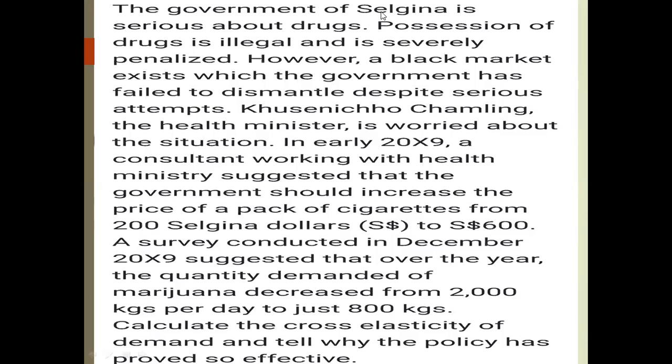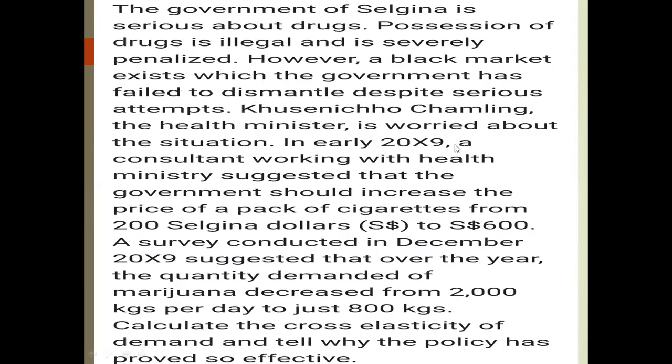The government of Selgina is serious about drugs. Possession of drugs is illegal and is severely penalized. However, a black market exists which the government has failed to dismantle despite serious attempts. Khushi Nitcho Chamling, the health minister, is worried about the situation.